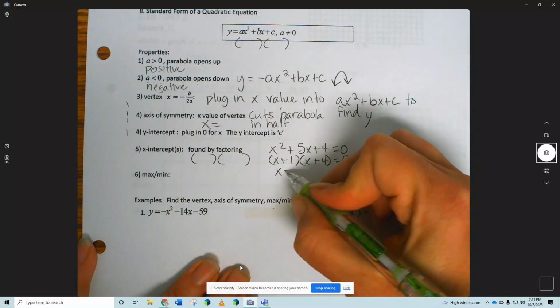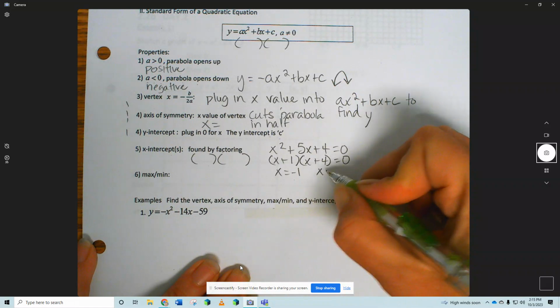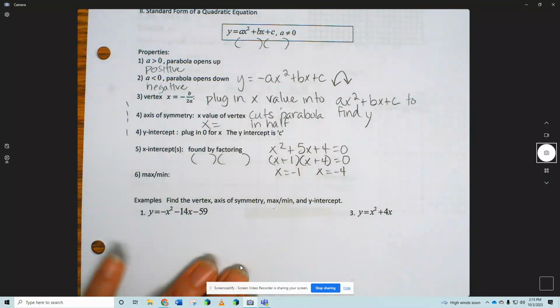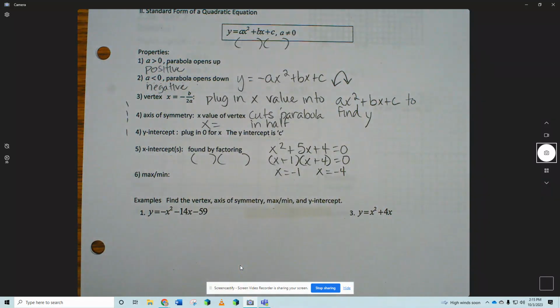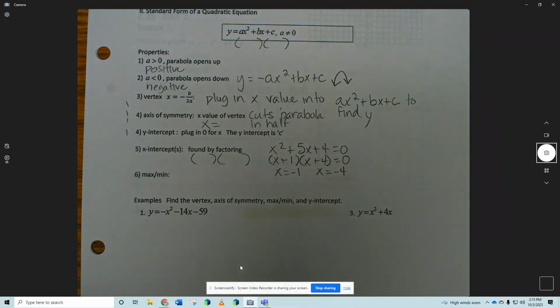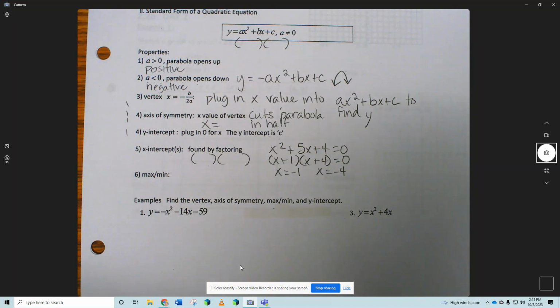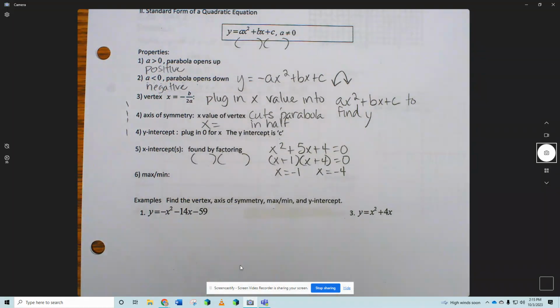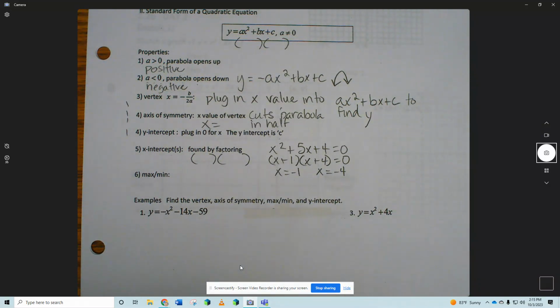And then remember, it's the opposite sign. Negative 1 and negative 4 would be my x-intercepts, for example. So do you remember this? Okay, if not, let's keep it in our brains today and for the future from now on.